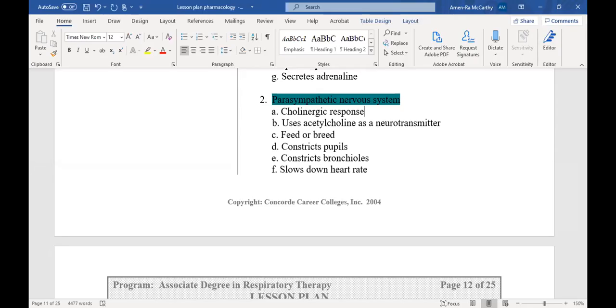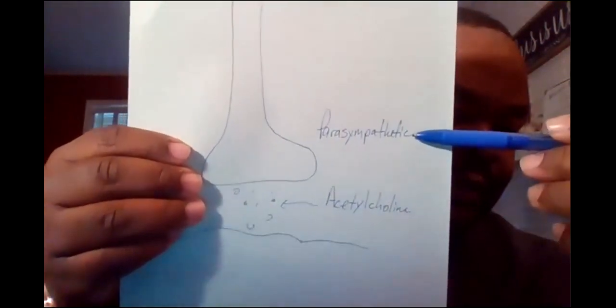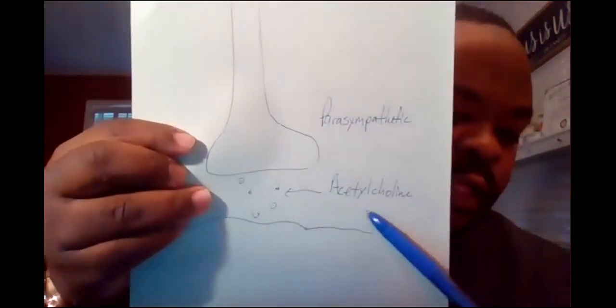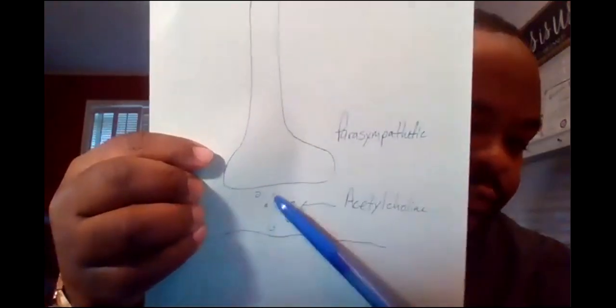So the parasympathetic uses acetylcholine as a neurotransmitter, right? So on the parasympathetic side, the neuron uses acetylcholine as its neurotransmitter, okay?